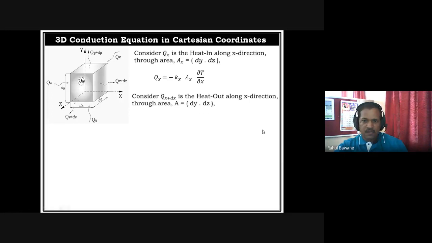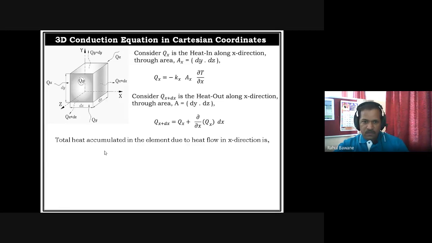So Qx plus dx is equal to Qx plus del by del x of Qx into dx. This is according to the Taylor series, which you might have learned in mathematics. In the Taylor series, Qx plus del by del x of Qx into dx, where dx is the path length, is followed by higher order terms, but all higher order terms become 0, so we just put this much in the equation.